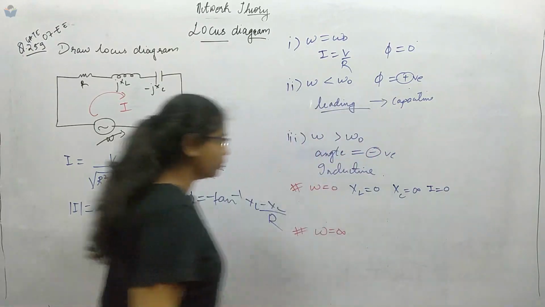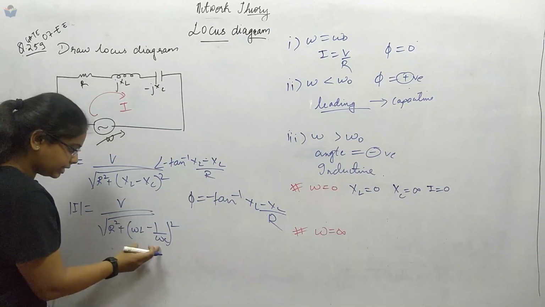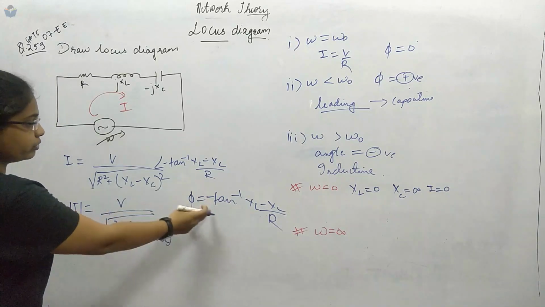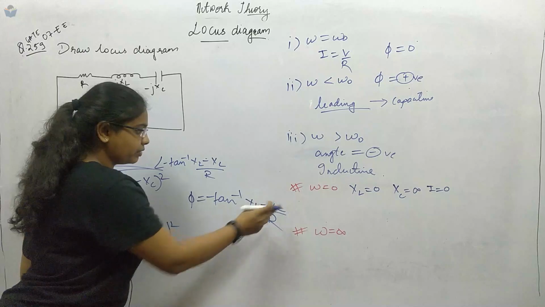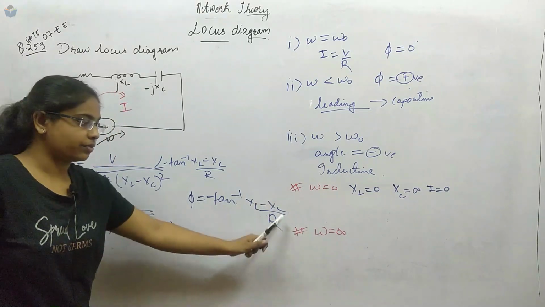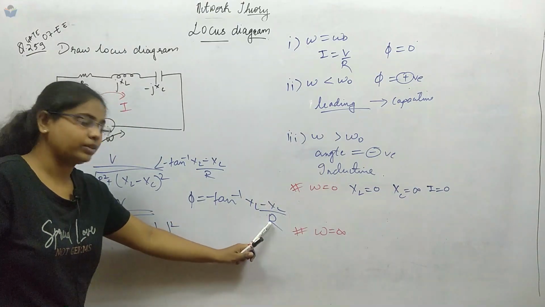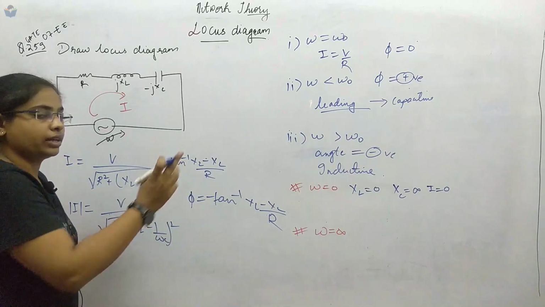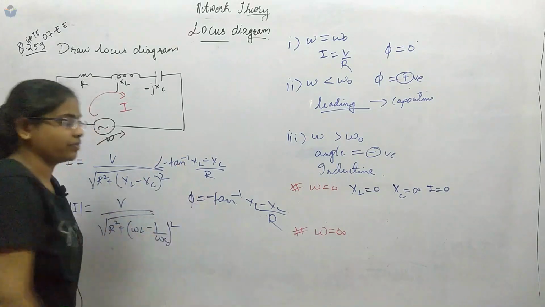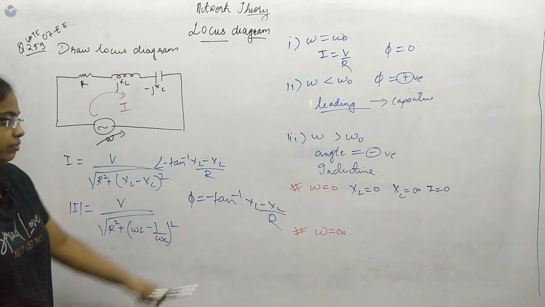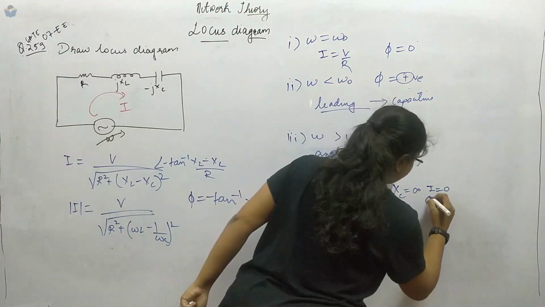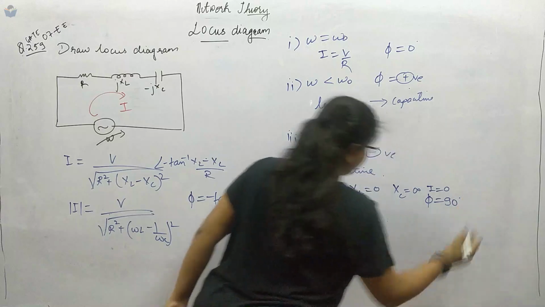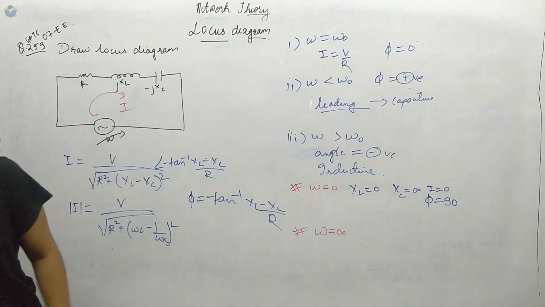Now to calculate the angle, when XC is infinite, it is minus tan inverse of infinite, the resistance value being negligible. Since it is capacitive in nature, it will give you 90 degrees.